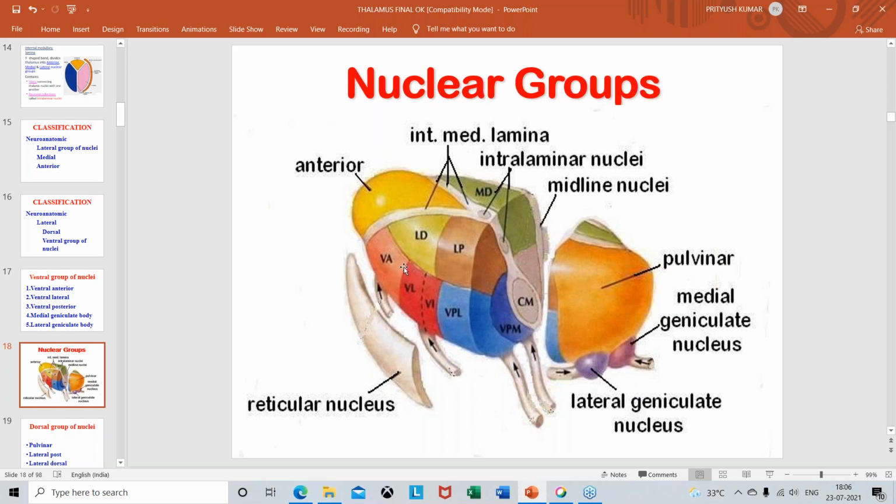The lateral is further divided into ventral and dorsal, and ventral is further divided into ventral anterior, ventrolateral, and ventroposterior. In the posterior we have ventroposterior lateral and ventroposterior medial. We also have the lateral geniculate body and medial geniculate body. And in this diagram we'll show the reticular nuclei. We will find the external medullary lamina lies here.